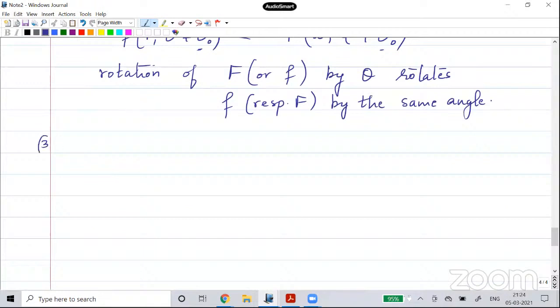The third thing I want to talk about is the period of this periodic function capital F. This is the centering I was talking about earlier. So F is centered at 0.